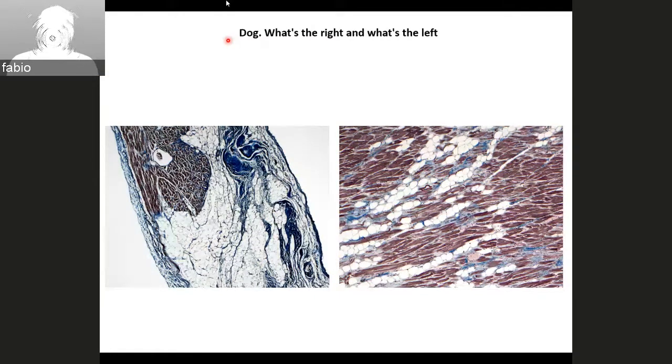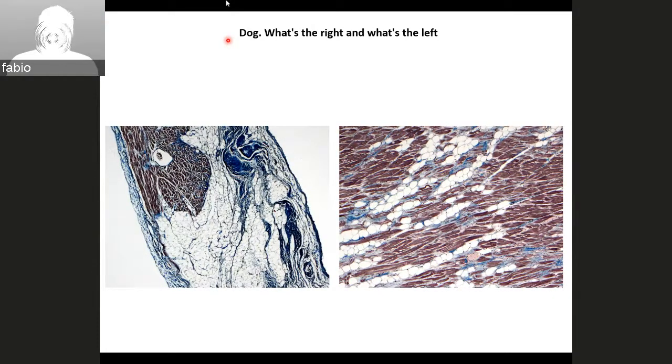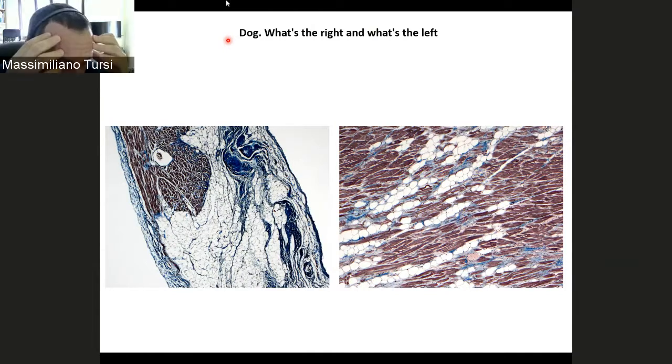In ARVC you have to see the wall transmurally. For me the correct presentation is medium power field. But if I use the same power field for the right picture, you see a multifocal group of adipocytes.